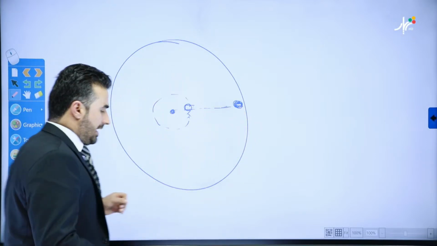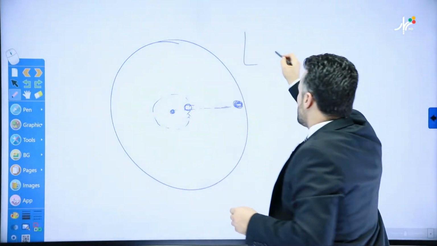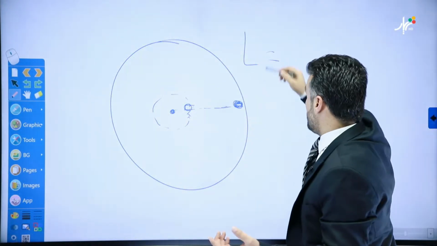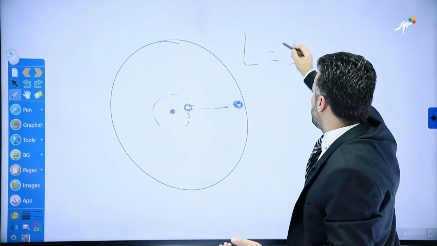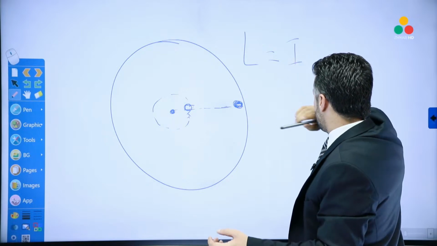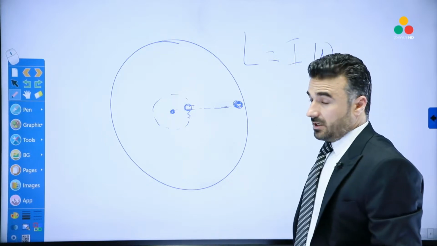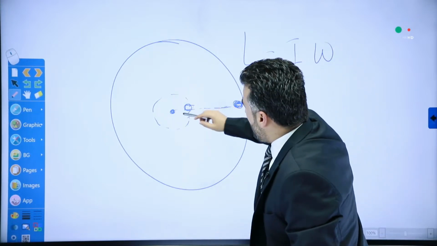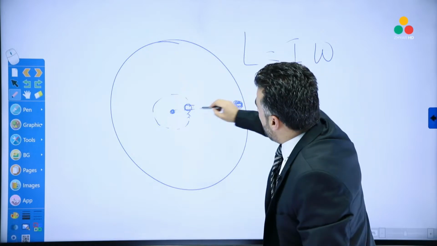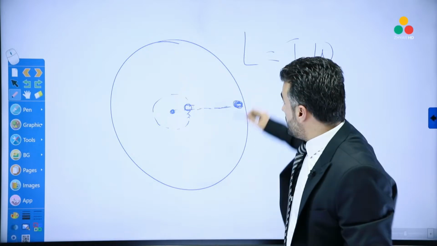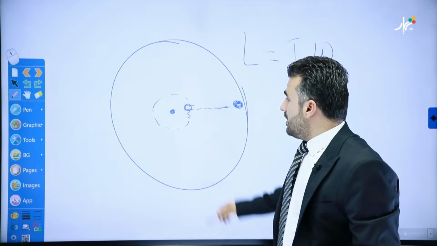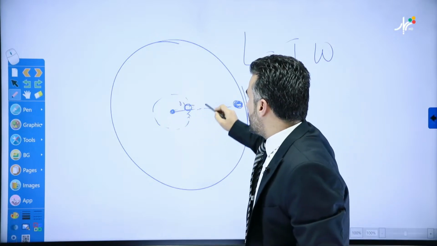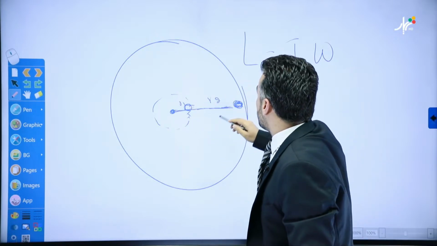So once again, we have angular momentum. We're considering that the angular momentum is conserved. Angular momentum is equal to moment of inertia multiplied by angular speed. So what happens to the moment of inertia as the child moves closer to the edge of the merry-go-round? Let's call the radius R1 and R2. R2 will be bigger, correct?